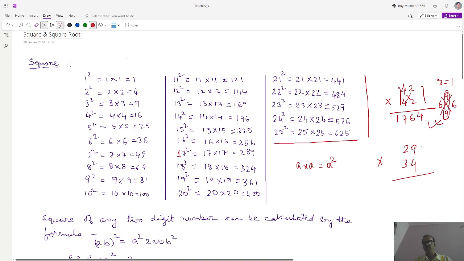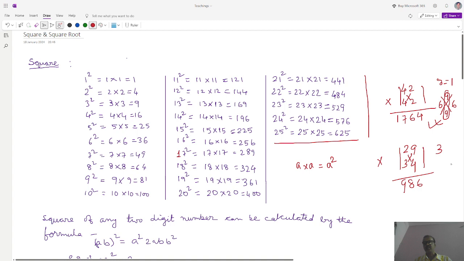Now I am multiplying these two numbers. 9 into 4, 36. Carry 3. Right? 4 into 2, 8. 3 into 9, 27. 27 plus 8, 35. 35 plus 3, 38. Carry again 3. Right? 3 into 2, 6. 6 plus 3, 9.